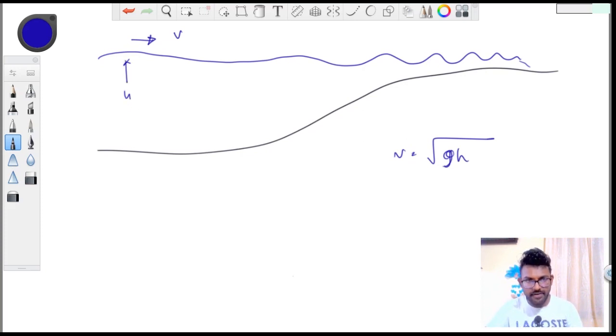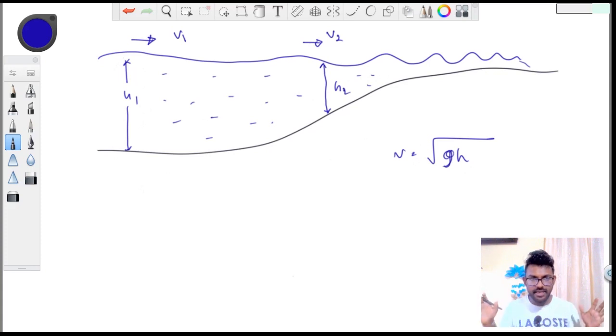Now here we have a depth of h1, let's say. Now here we have a depth of h2, right? What can you say about the velocity here and the velocity here? Which should have the highest velocity? Yes. Since the h is higher here, the depth is higher, the velocity of the wave will be higher.